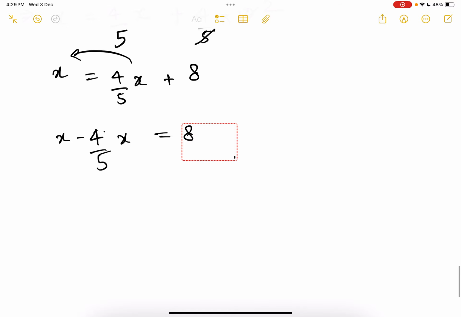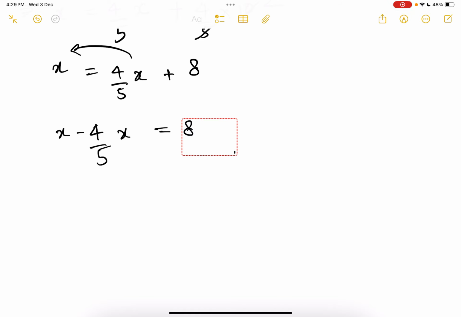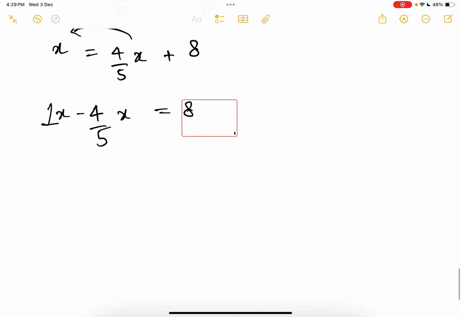Yeah, so x minus 4 by 5 x. If you are new to algebra, x will be a little bit complicated for you, but it is not, just ignore it. Okay, so 1 minus 4 by 5 you can do. For x nothing is written, it is 1, so 1 minus 4 by 5 will be 1 by 5, and then just copy the x down, is equal to 8.